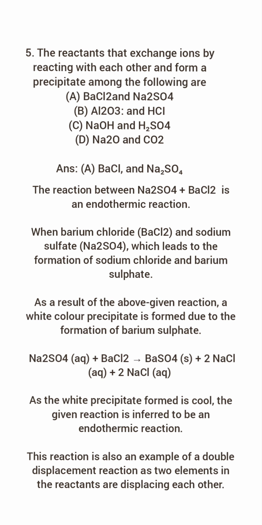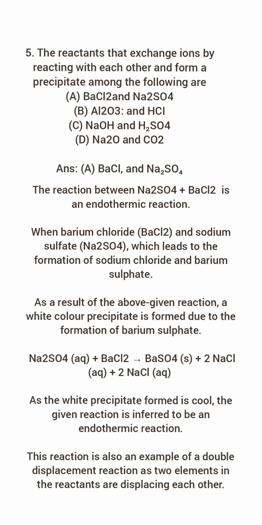The reaction between sodium sulfate and barium chloride is an endothermic reaction, which means it takes heat from its surroundings. When barium chloride and sodium sulfate react, it leads to the formation of sodium chloride and barium sulfate.